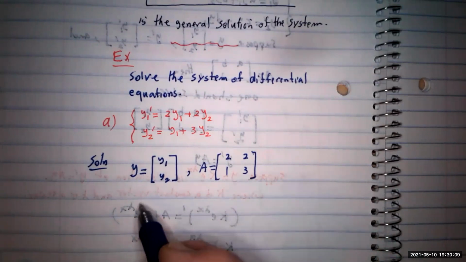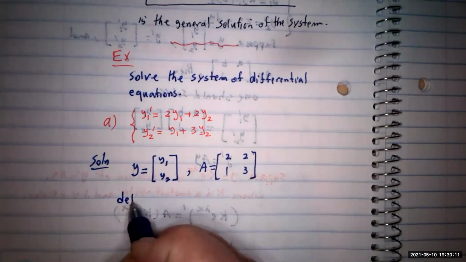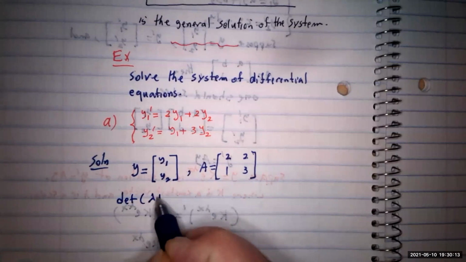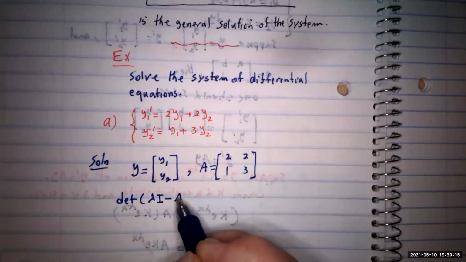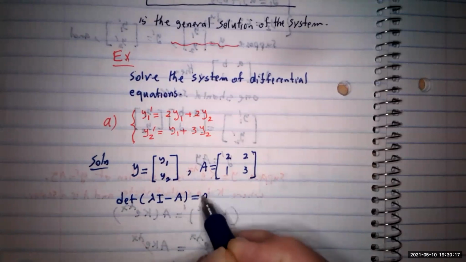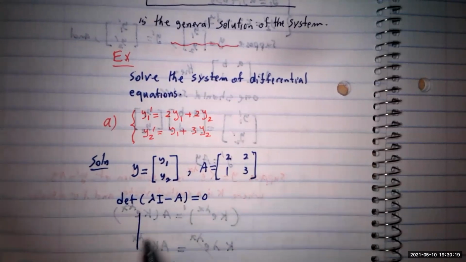That was the idea that we talked about. So form the determinant: det of lambda I minus A equal to 0.